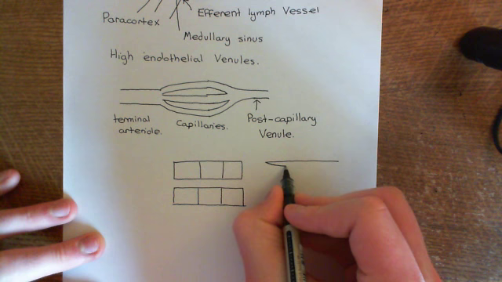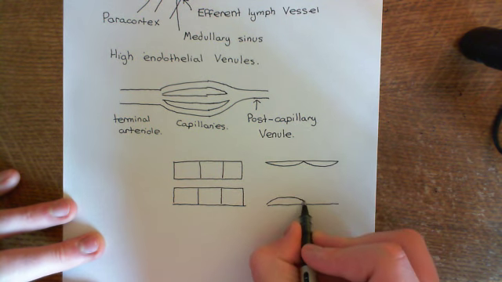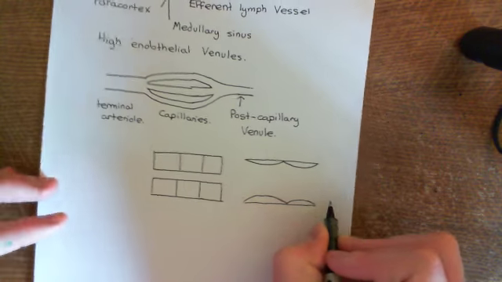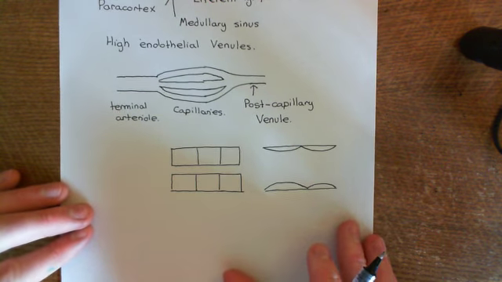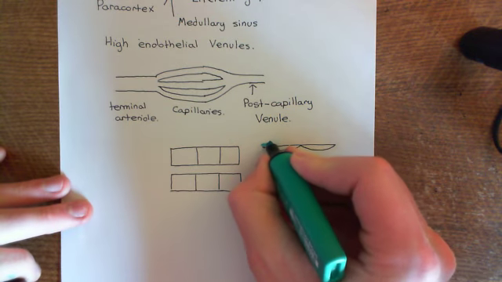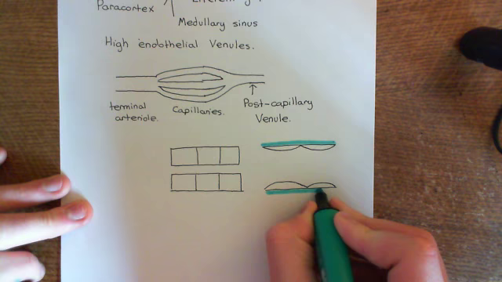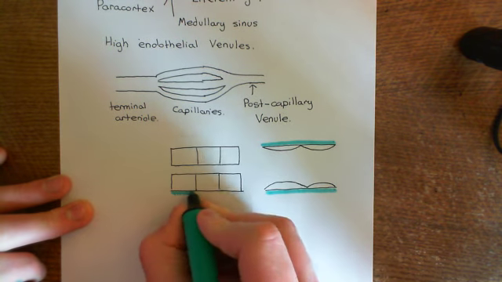So you'll have these little flat endothelial cells on the basement membrane. And remember, these post-capillary venules have a very simple structure. They literally consist of the endothelial layer sitting on a basement membrane. That's all. They don't have any more complicated layers than that.